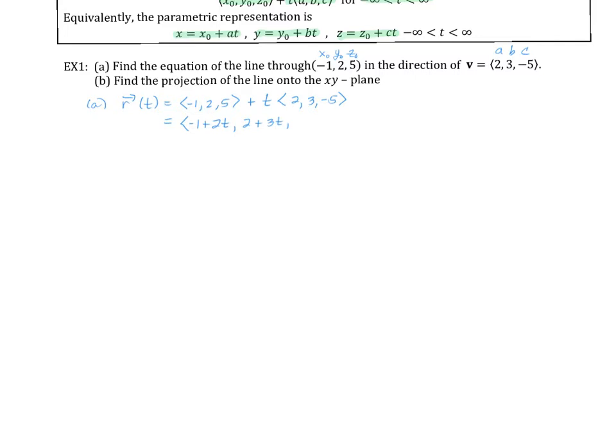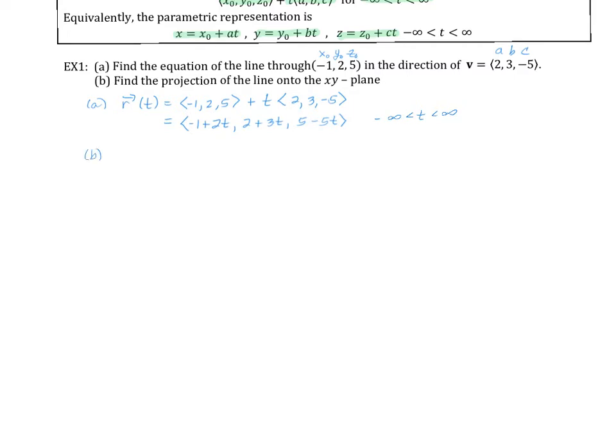The last component would be 5 minus 5t. But remember, this is a line, so we need to specify that our t values are going to go from negative infinity to positive infinity. That would be it for part A.